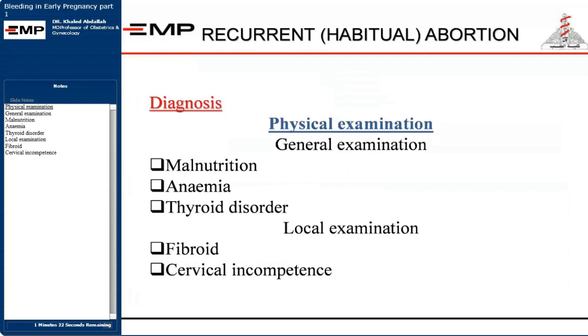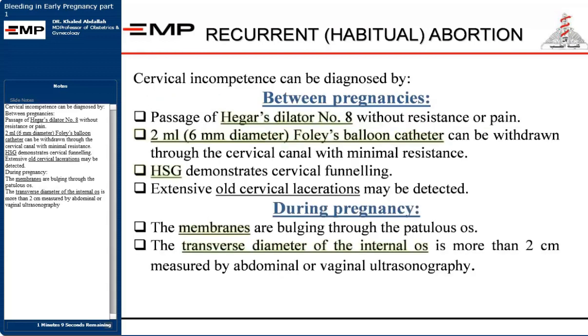Physical examination. General examination: malnutrition, anemia, thyroid disorder. Local examination: fibroid, cervical incompetence. Cervical incompetence can be diagnosed between pregnancies by passage of Hegar's dilator number 8 without resistance or pain, or if a 2 ml, 6 mm diameter Foley's balloon catheter can be withdrawn through the cervical canal with minimal resistance.